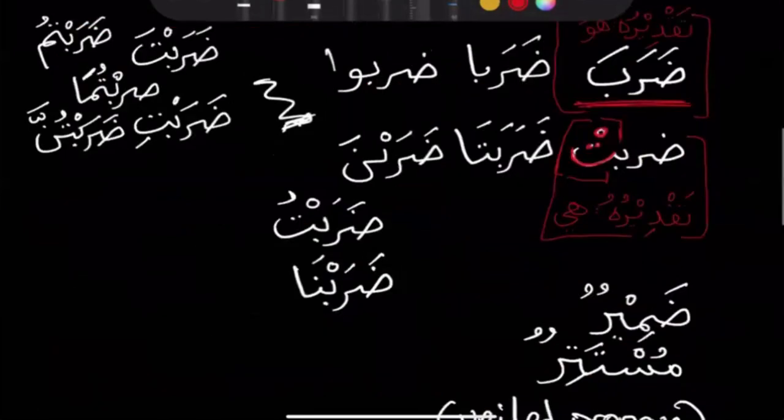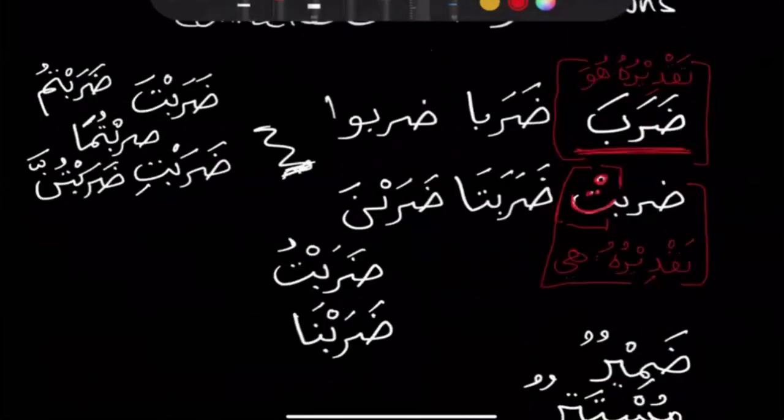All right. What's this one? Daraba. So you already know that the verb is daraba. Daraba. Okay, we have our complete verb here. Then what's this alif here? That's two people. Yes.